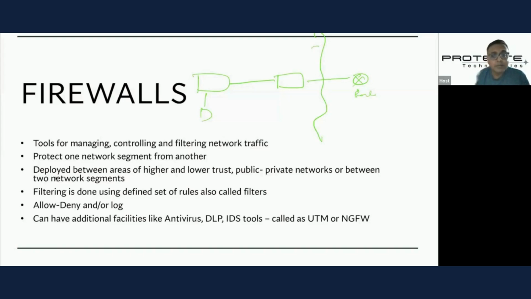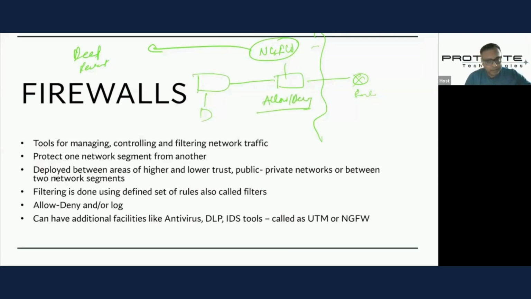Over a period of time firewalls have gained a lot of capability, and the present generation are called next generation firewalls, which have the capability to do deep packet inspection. They can go deep inside the packet and see whether there is any malware or not. But firewalls generally work on an allow/deny list. They see what the source is, what the destination is, and whether it is allowed or not. Basically nothing but a NACL.